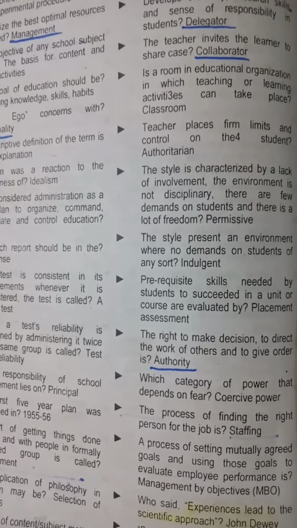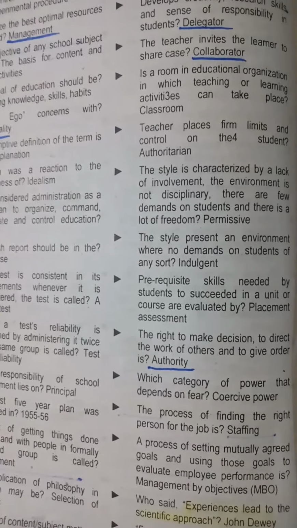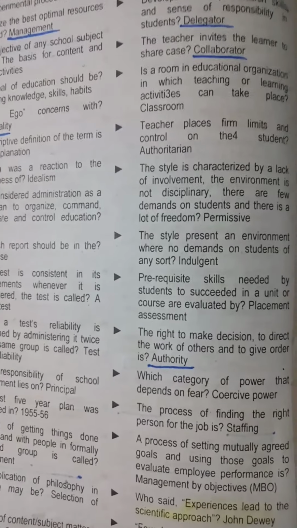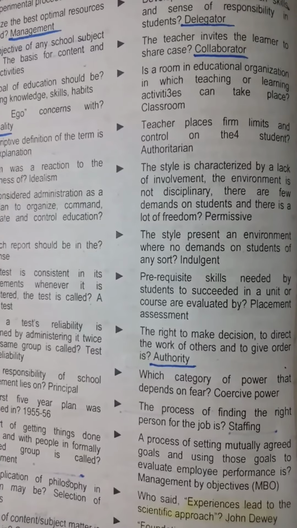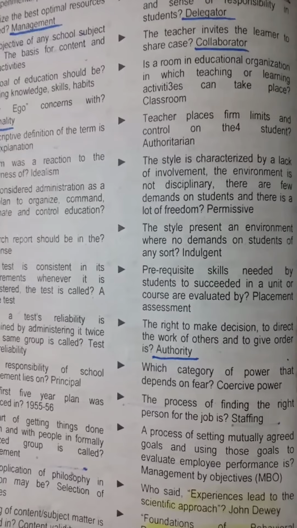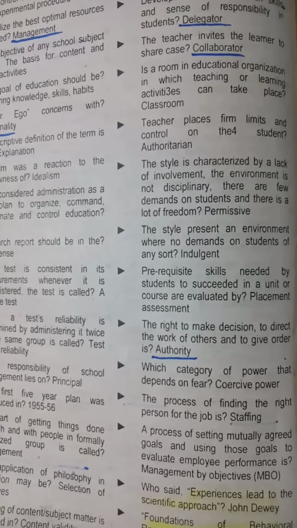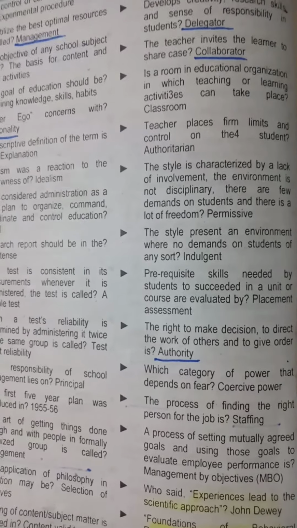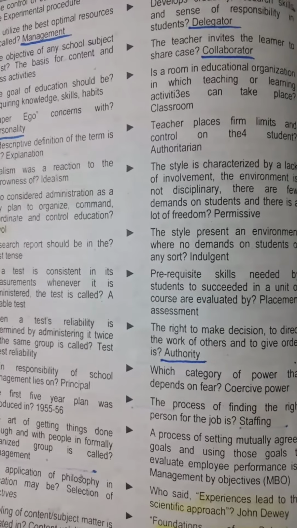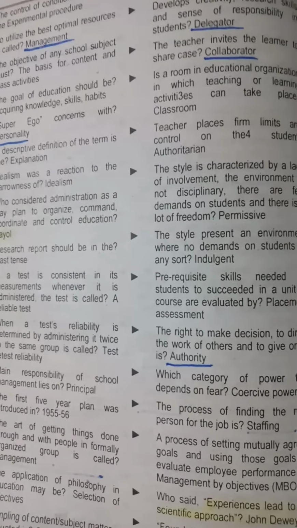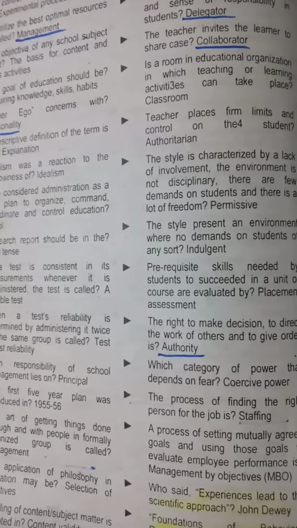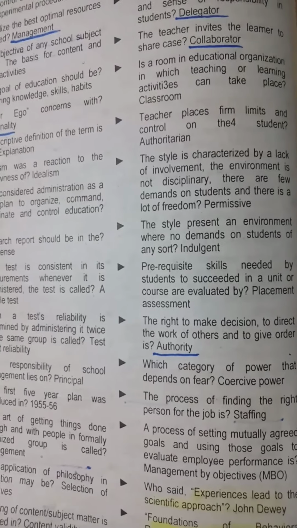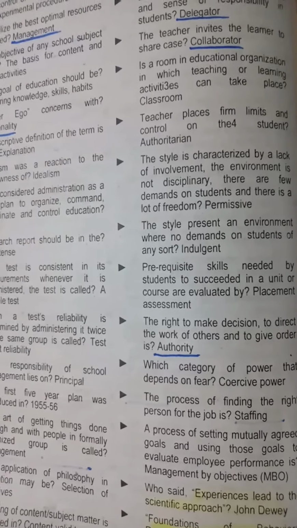The right to make decisions, to direct the work of others, and to give order is authority. Which category of power depends on fear? Coercive power. The process of finding the right person for the job is staffing.